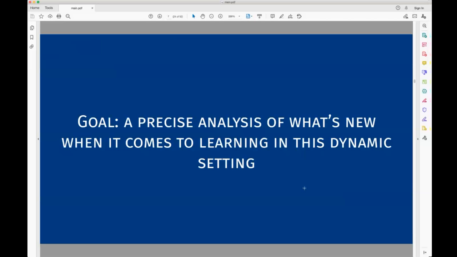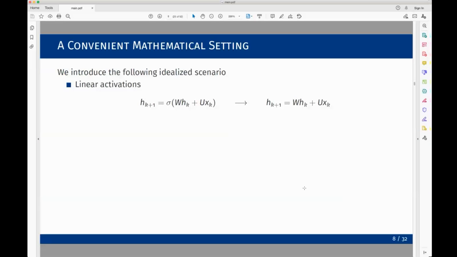So what are the main questions we would like to ask? We would like to look for a precise analysis of what's new when we do supervised learning in this dynamical setting, in contrast to the static setting. To make this analysis concrete, we first need to formulate these problems in a rigorous mathematical language. So we introduce the following simplifications.